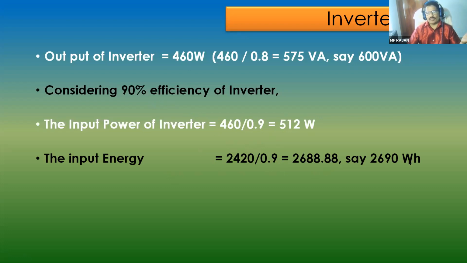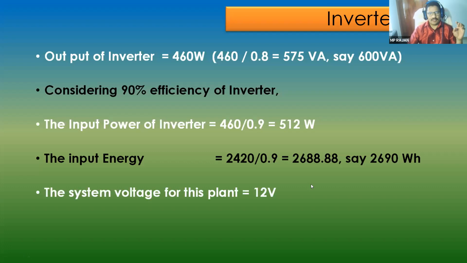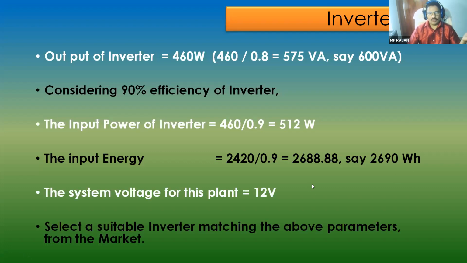We will get 2690 watt hour. So your energy requirement to the inverter is 2690 watt hour in a day. So system voltage is 12 volt. Now take all these factors into account, then go for the selection of inverter.